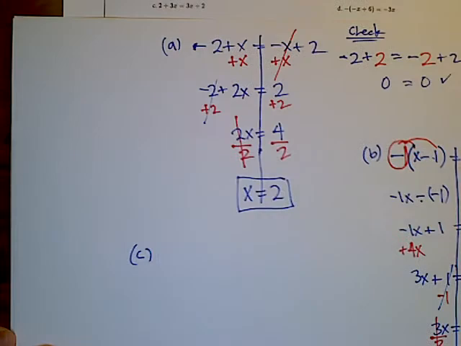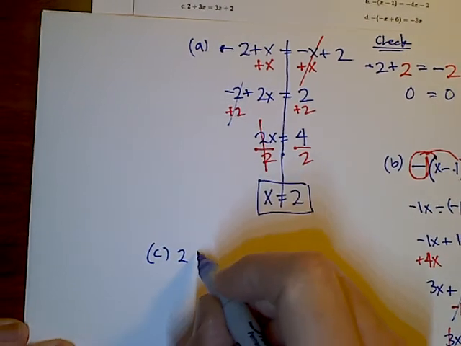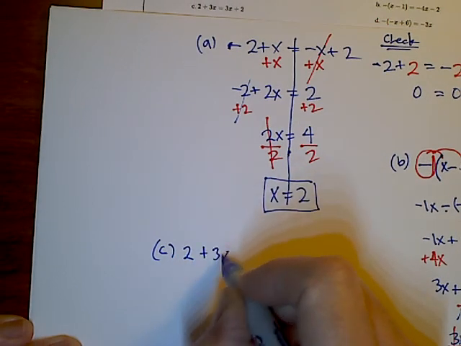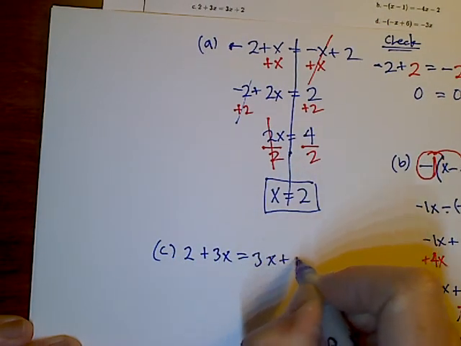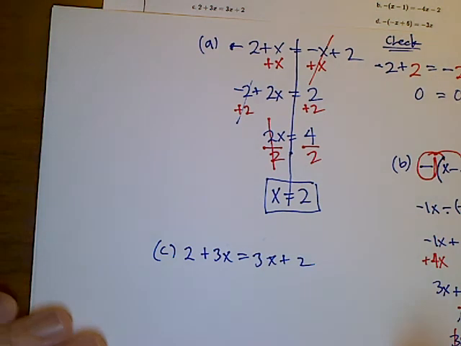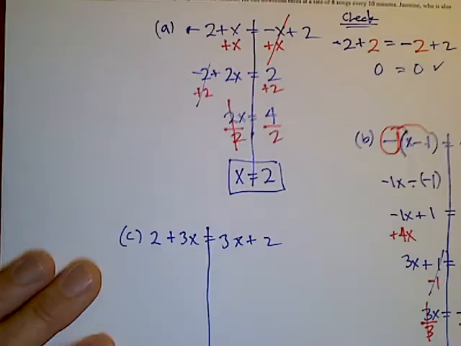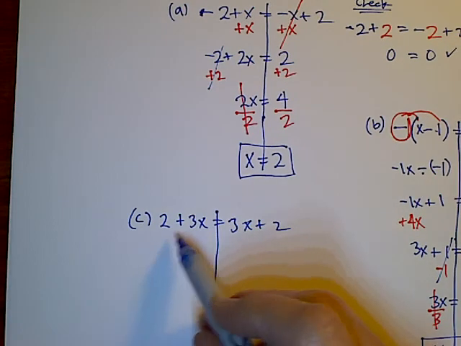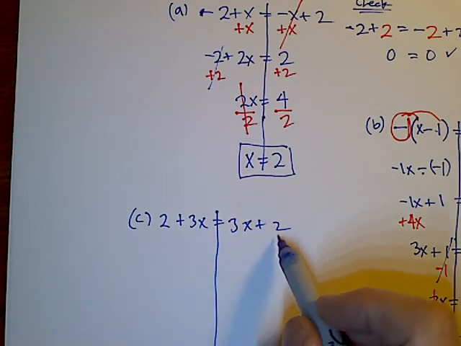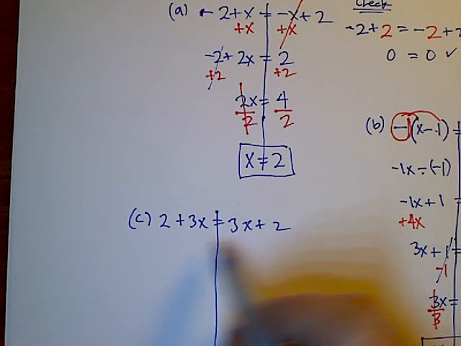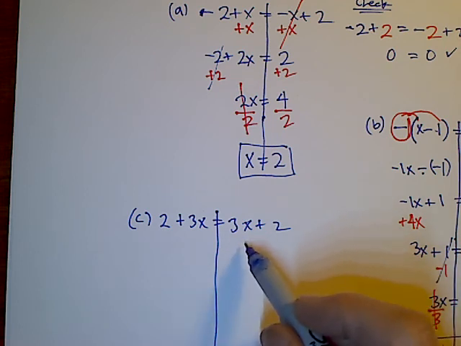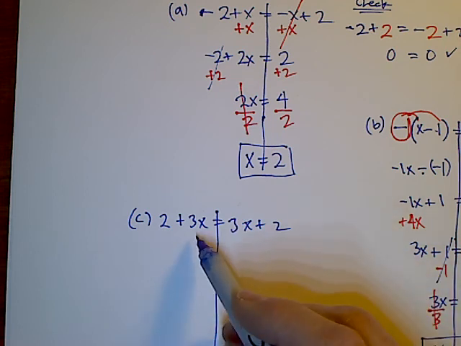C, I have 2 plus 3x is equal to 3x plus 2. All right, I'm going to look at this. I'm going to point something out. Right away, I see that 2 plus 3x and 3x plus 2, those are the same thing. In fact, this is the commutative property, right?